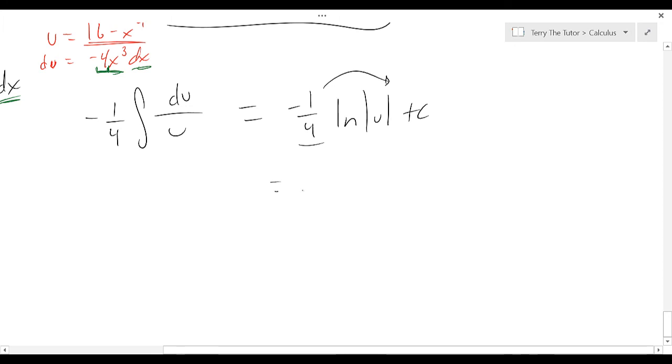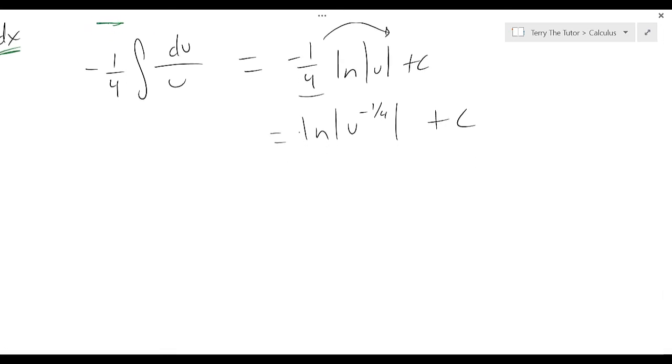So I'm going to go ahead and do that. So I've got the natural log of the absolute value of u to the negative 1 over 4 power plus c, and I'm going to simplify that further. The natural log of 1 over the 4th root of u plus c.